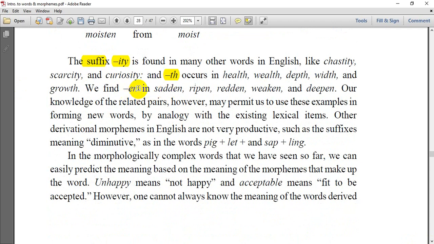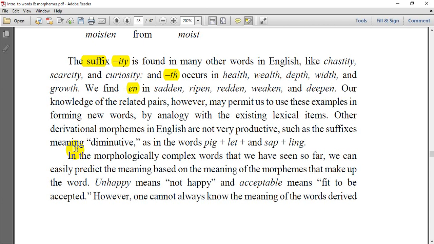We find -en, for example, this is a suffix in sadden, ripen, redden, weaken. So our knowledge of the related pairs may permit us to use this example in forming new words by analogy with the existing lexical items.